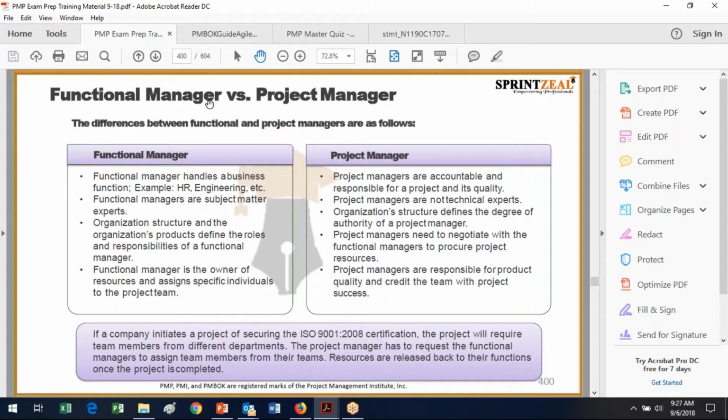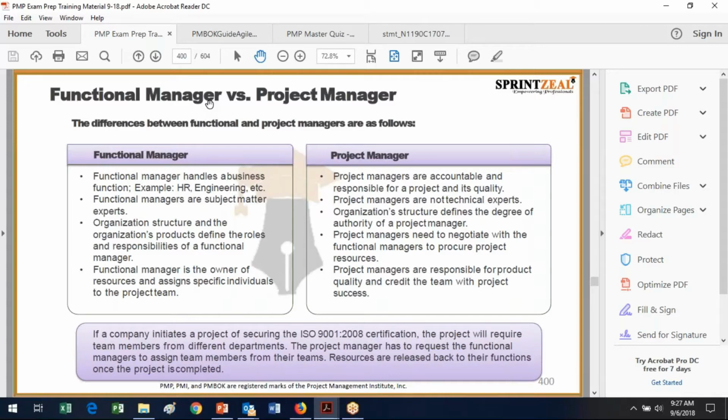And in a functionally defined organization, the roles and responsibilities are well defined for a functional manager, and they own the resources and assign the specific individuals on the project team. Okay, so technically in a typical business, you're saying they own the resources. Correct. And the project manager is accountable for the specific project and its quality.